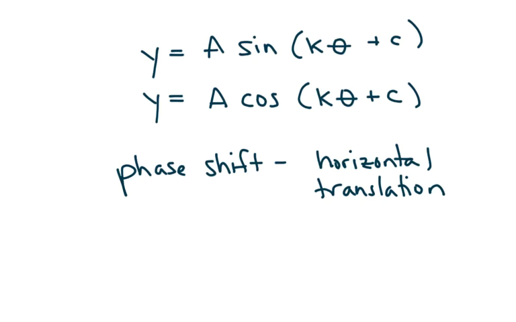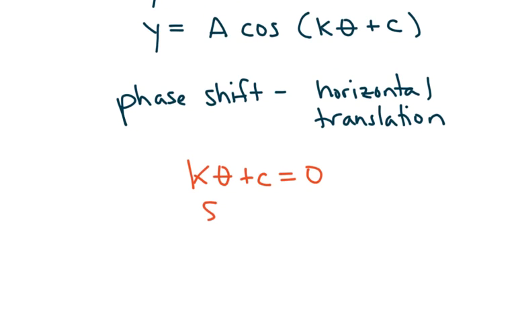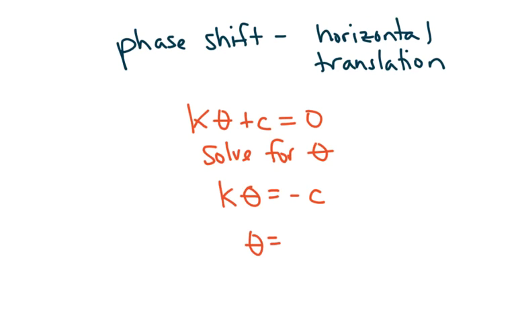In order to determine how far left or right you're going to go, you're just going to take the part that's inside the parentheses, set it equal to 0, and solve for theta. So in order to solve for theta, the first thing I would do is subtract c, and then I would divide by k.